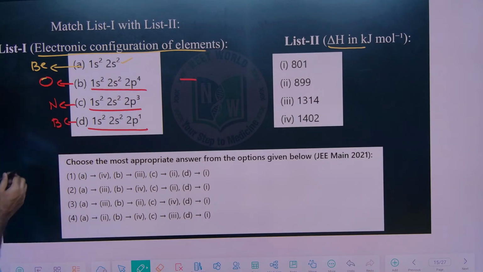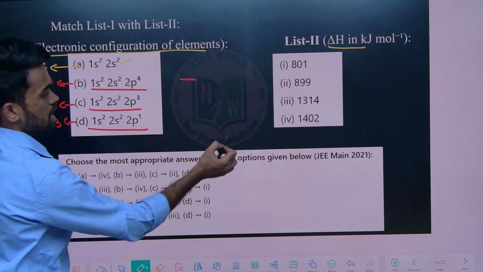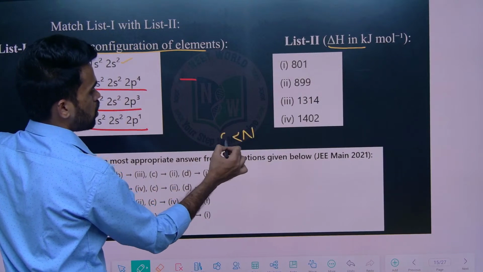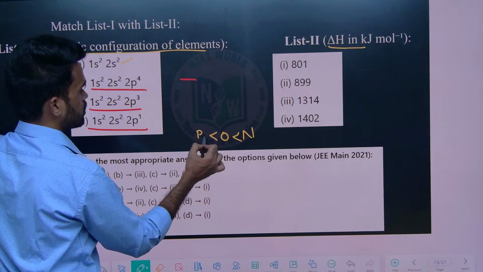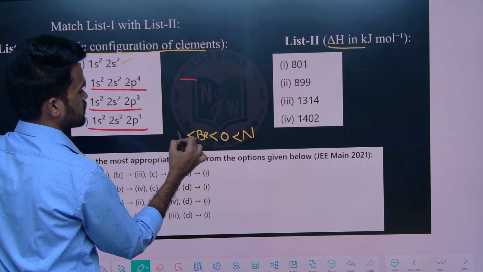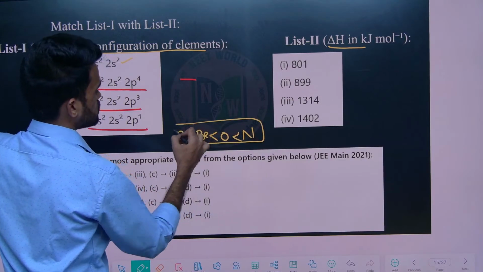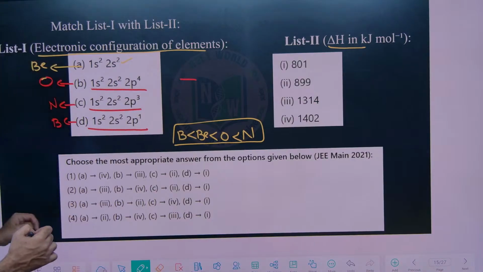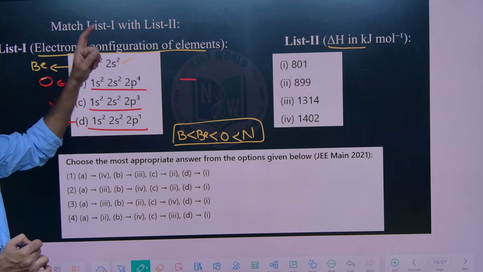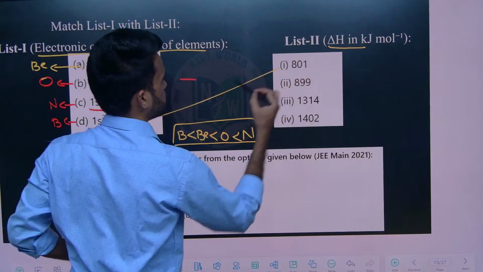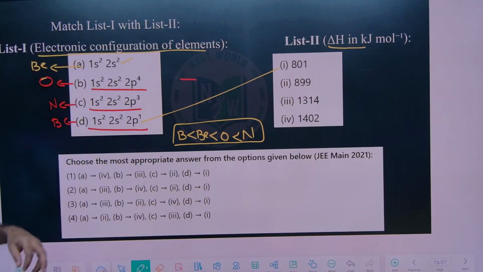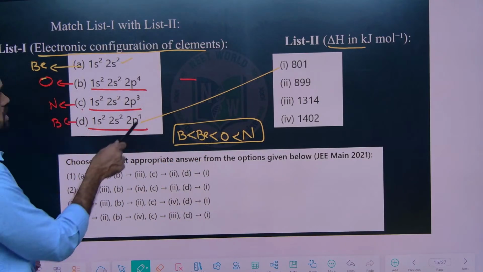Now what we know, out of these, nitrogen is highest, after that oxygen, the next boron, and the least is lithium, right? Based on this you can match them. D should be the minimum value. Where do we have the minimum value? The first option. Next, the maximum value is for nitrogen, so C should be the maximum value.